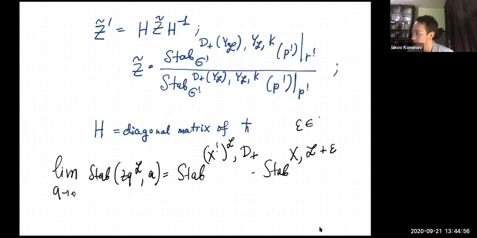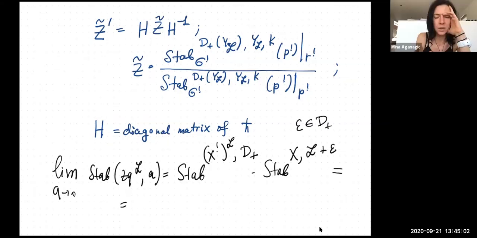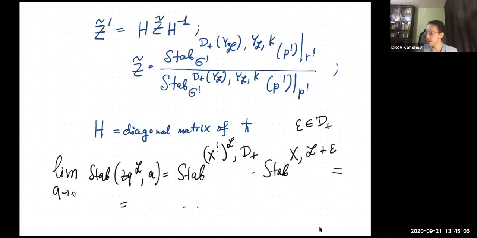Epsilon is in D plus. And also we can write it down for the other side. Okay, so if we compare now, then one R matrix is equal to the other R matrix.